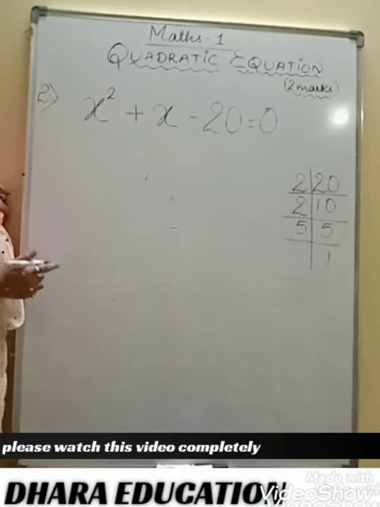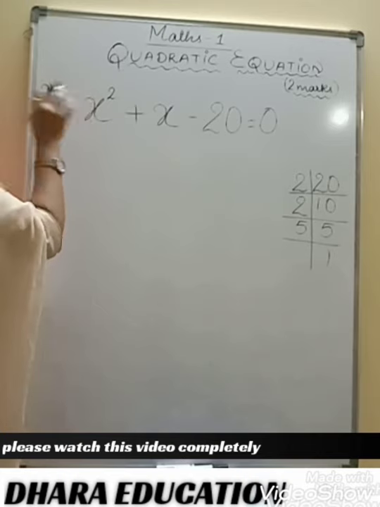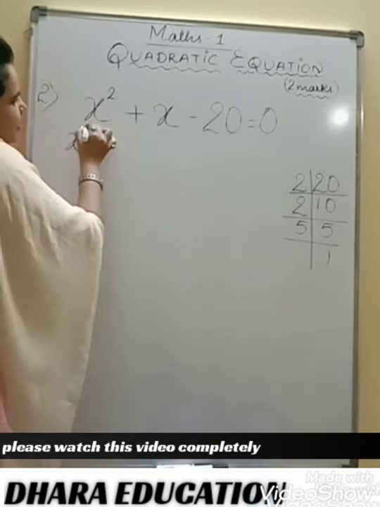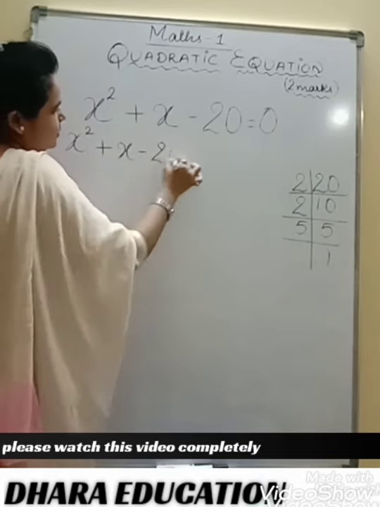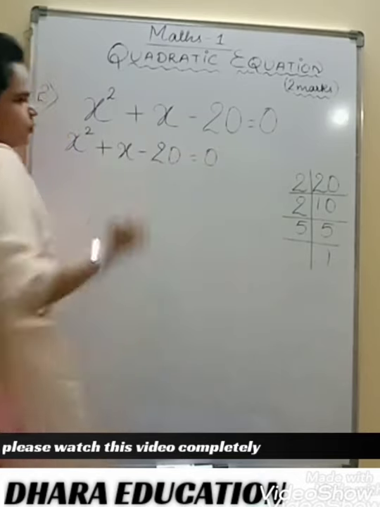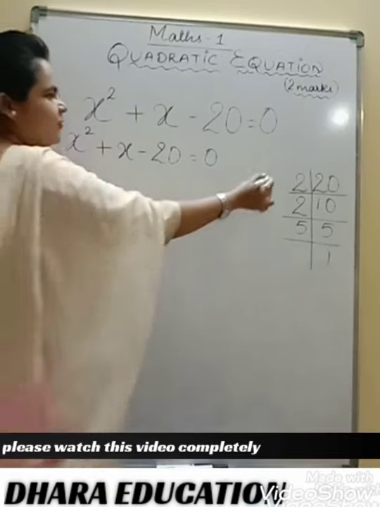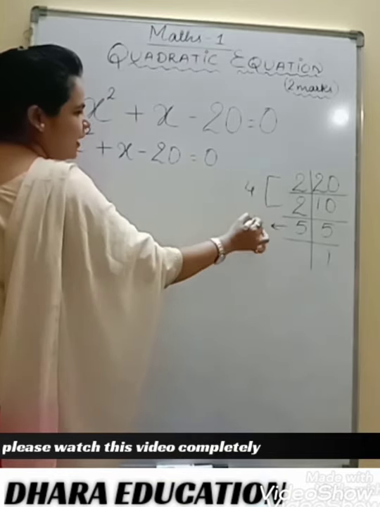Our next step is to write exactly what is there in the question. The first step is therefore x squared plus x minus 20 is equal to 0. Next step, as I told you, we got the factors 4 and 5.